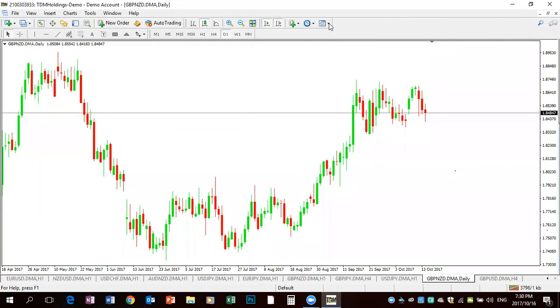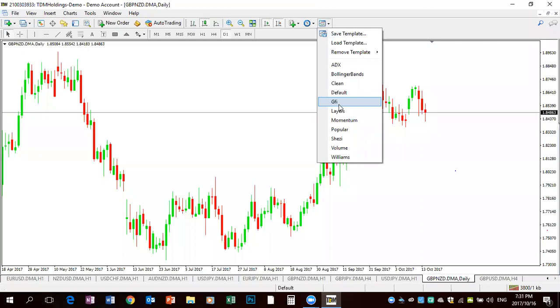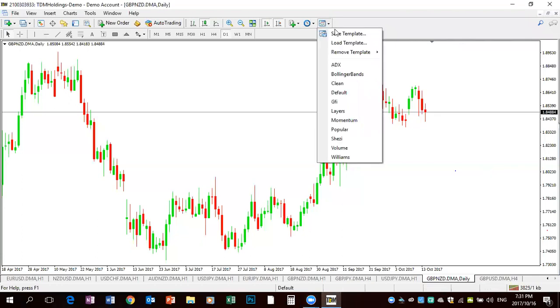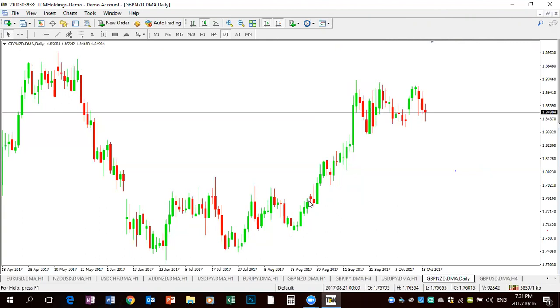Each and every time I open a new chart, I will go there and say new chart, and I'll come to template, and say GFI. All my settings are based on my GFI settings, or whatever beautiful name that you have. If you don't, please don't use this name, because kids are very naughty.